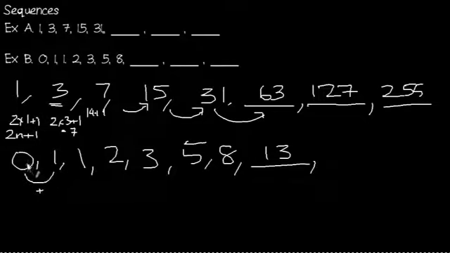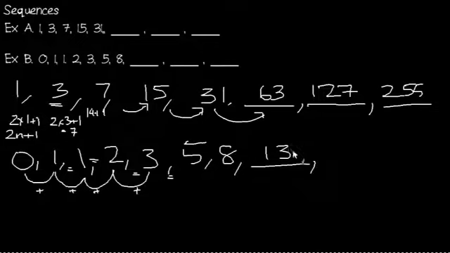What if we add these two things together? 0 plus 1, 1. Now, what if we add these two things together? 1 plus 1, 2. What if we add these two things together? 1 plus 2, 3. These two things, 5.